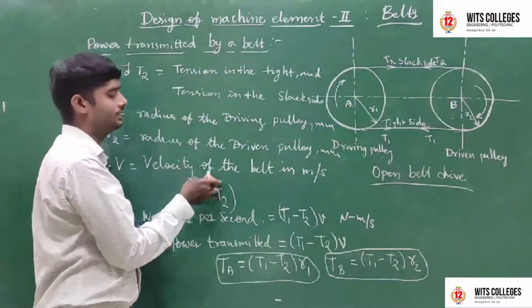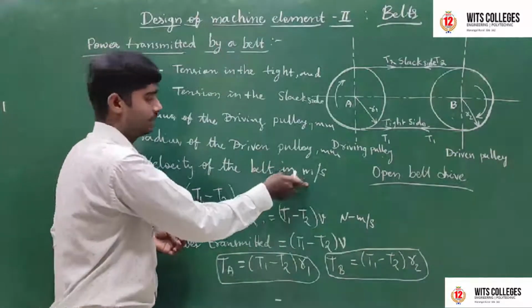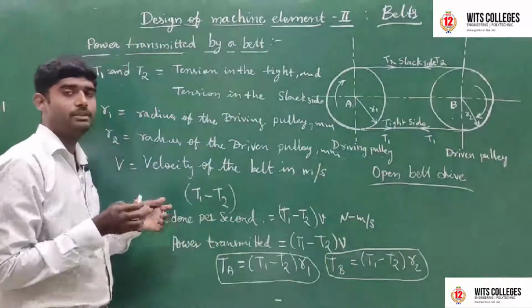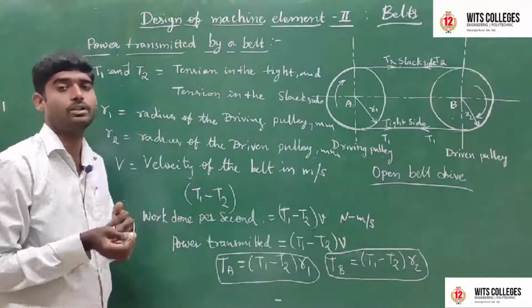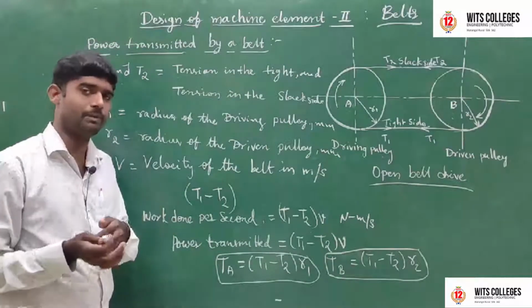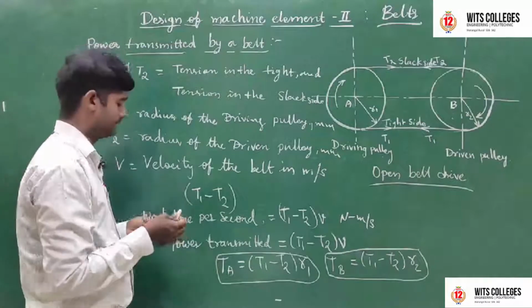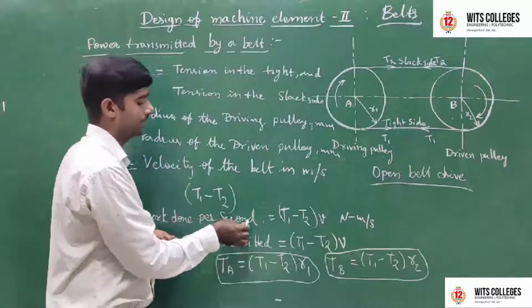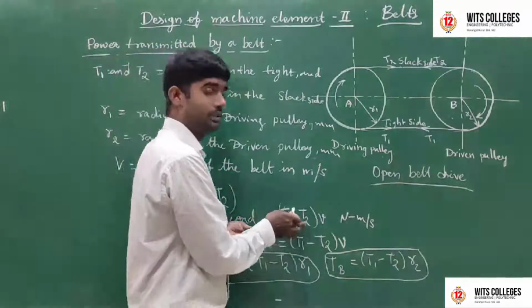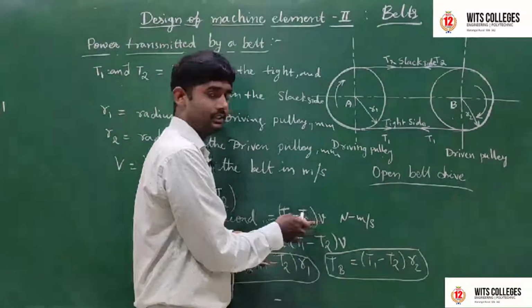V is the velocity of the belt in meter per second. The difference between two tensions into velocity is the power transmitted. Work done per second is the difference between two tensions into velocity.